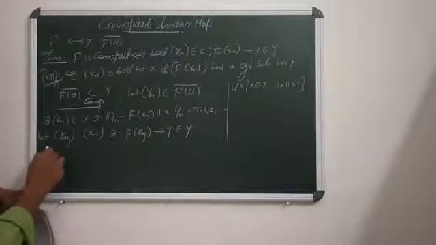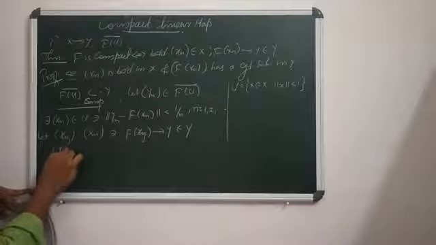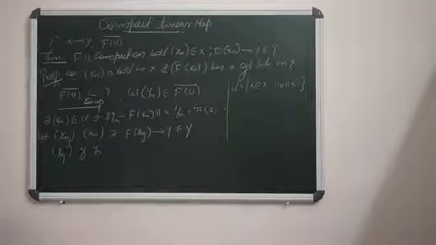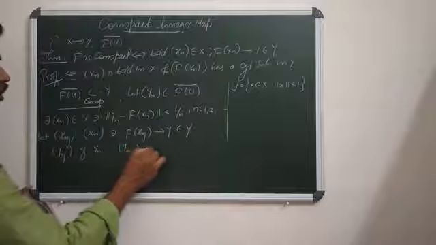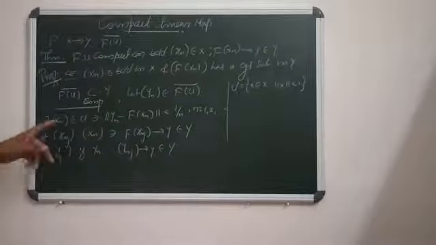Then, since f of xnj converges to y, let ynj be a subsequence of yn such that this ynj also converges to some y in capital Y. Agree? According to these arguments.